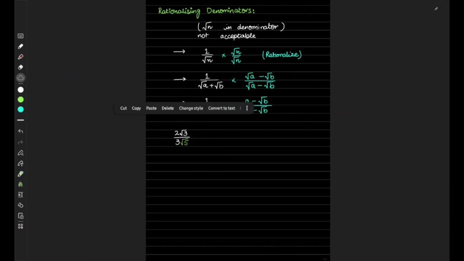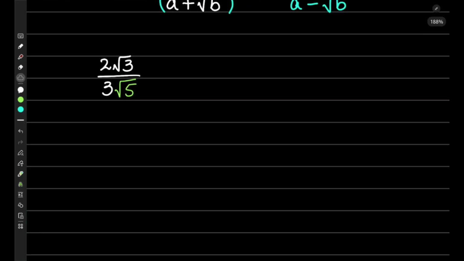If you have anything like this, you multiply and divide with the denominator. So you will multiply and divide with 3 root 5 over 3 root 5. You can just multiply and divide with root 5 also. If it is just one number, then just multiplying with the surd itself is fine.